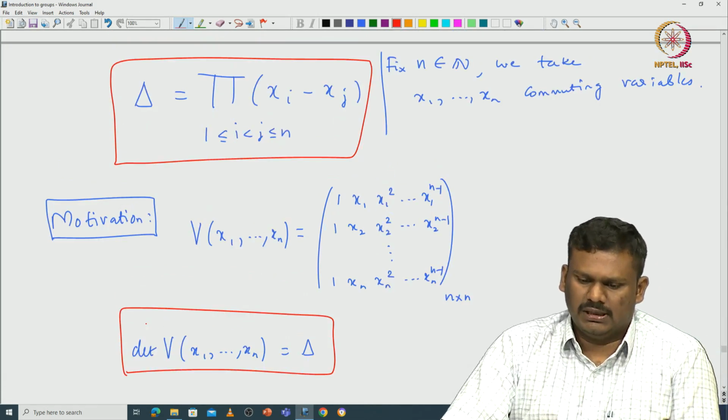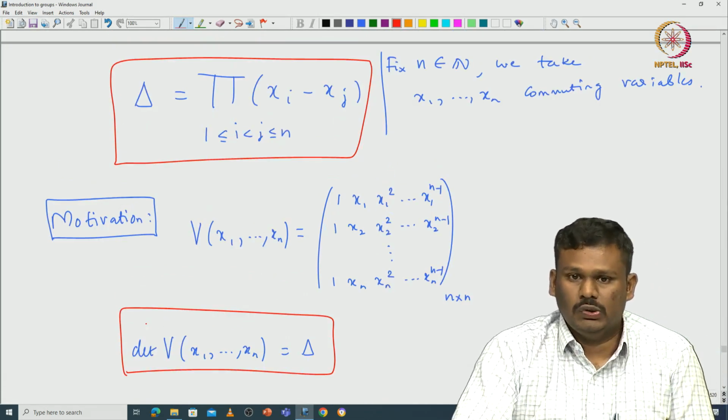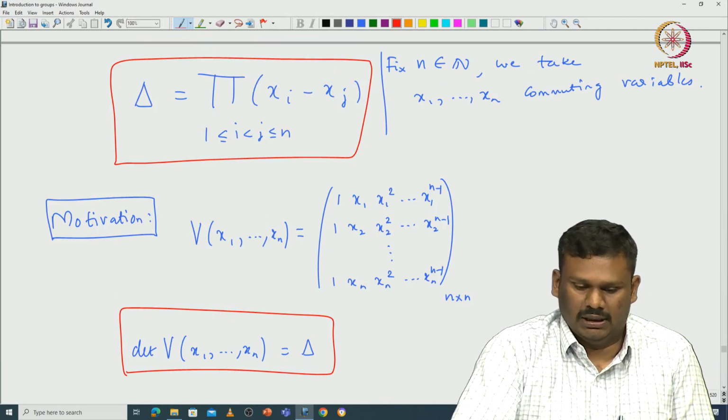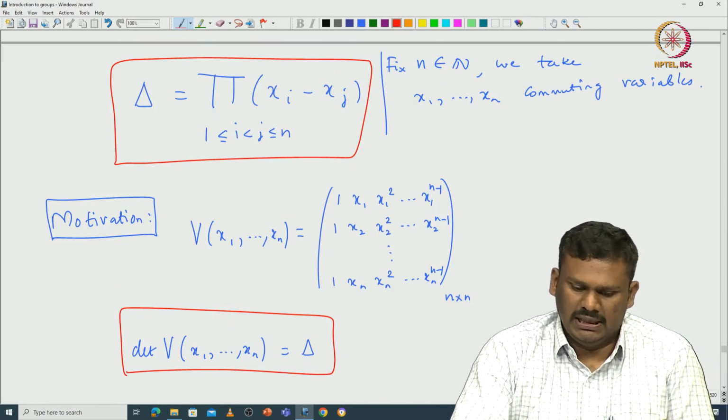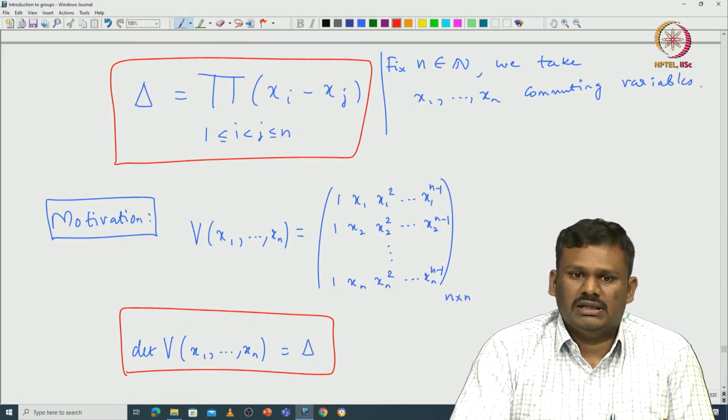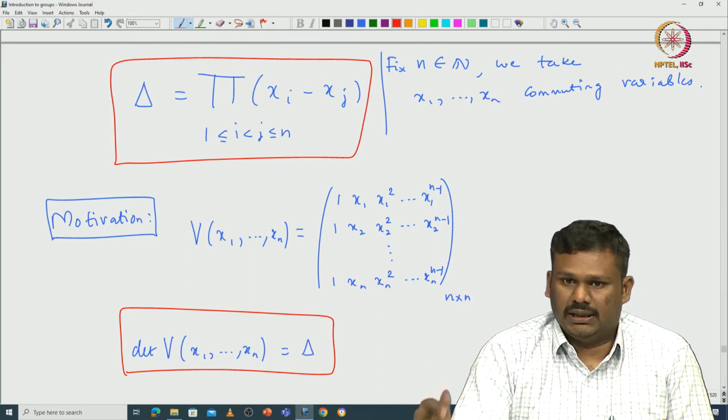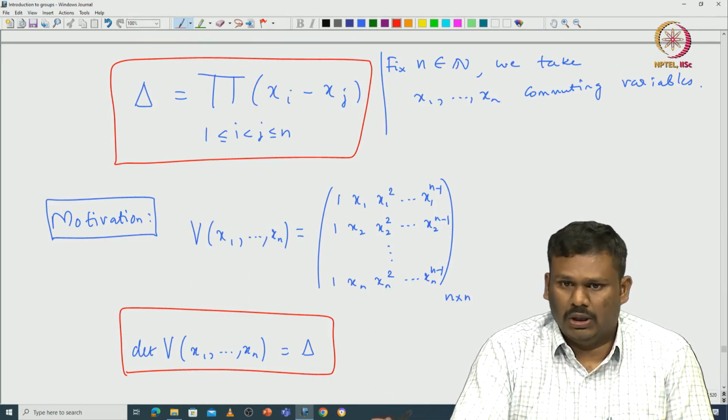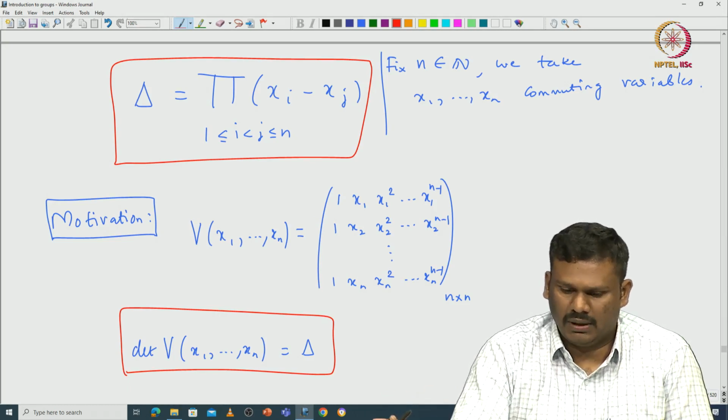This is what one can prove. For example, one way to prove it is to directly use the properties of the determinant. You can see easily that the determinant of V of x_1 etc. x_n is a multivariate polynomial in x_1 etc. x_n.